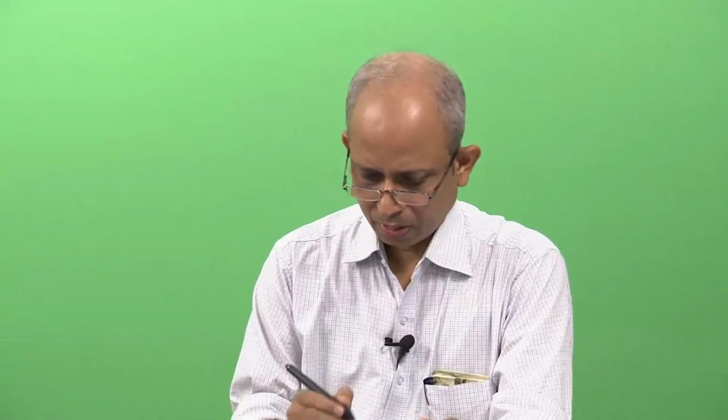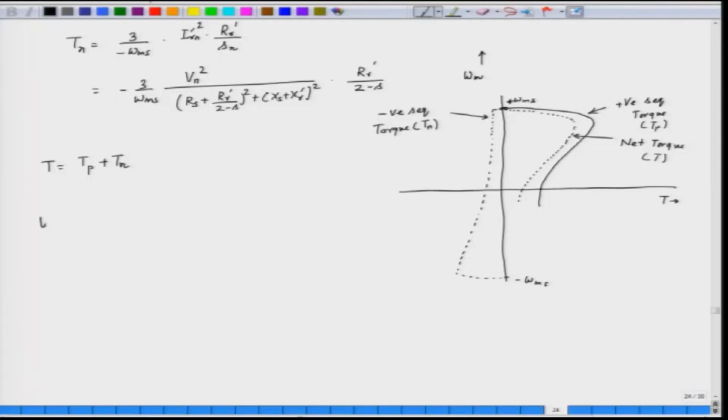So, the unbalanced voltage results in reduction of the net torque and also reduction of net power.